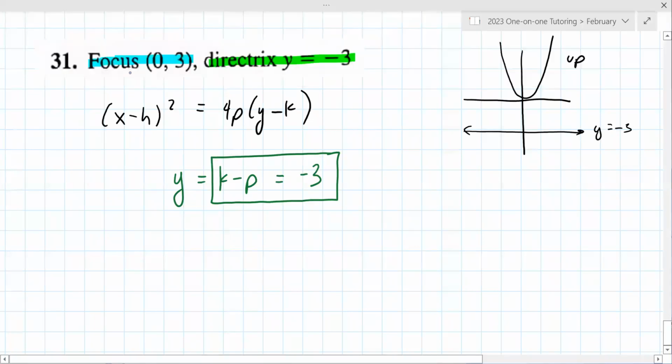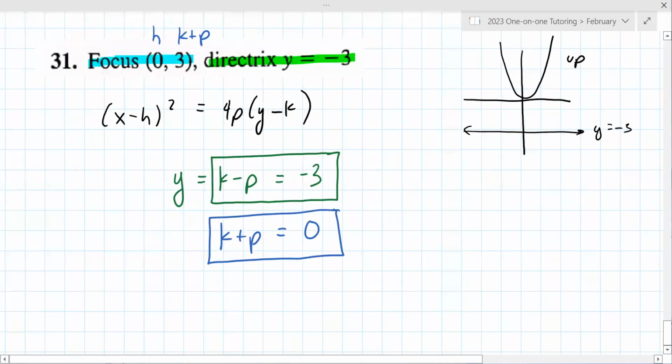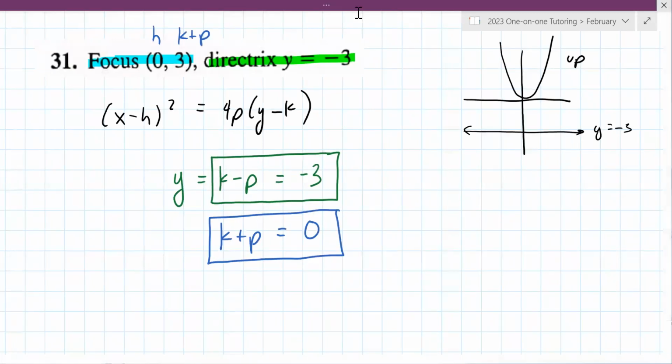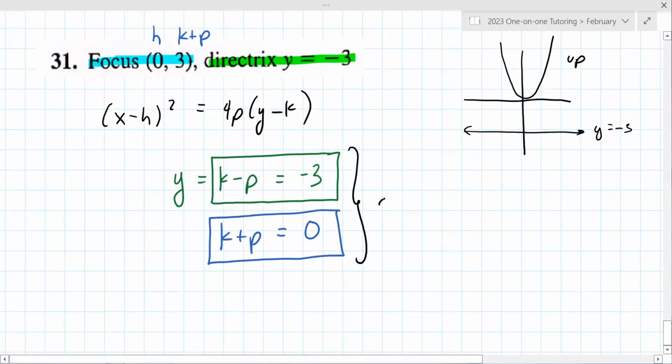Again, if you have the equation sheet, you know that the focus is h and then k plus p. So we have k plus p equals 3. And the green and the blue here make a system of equations. Now it's not a very complicated system.